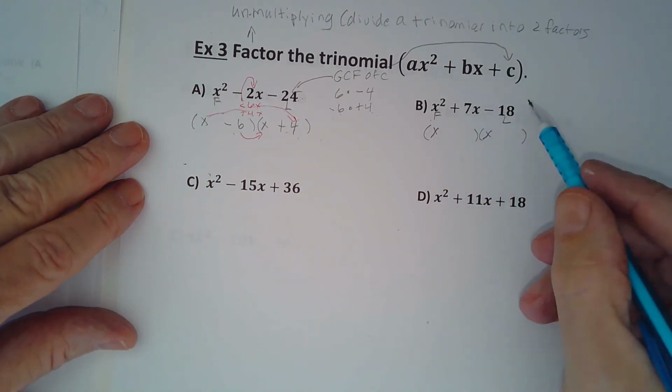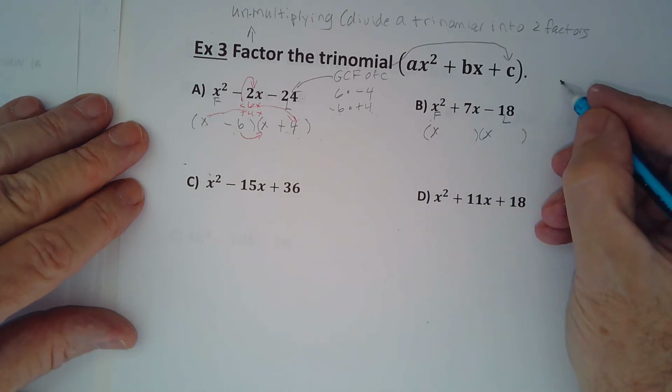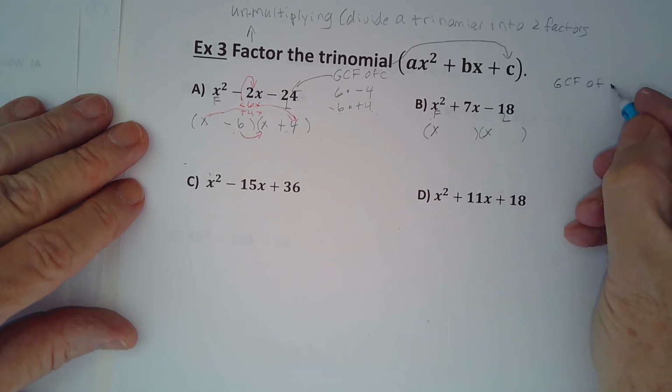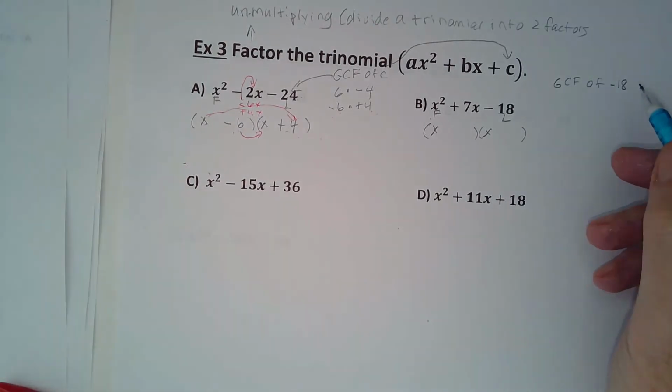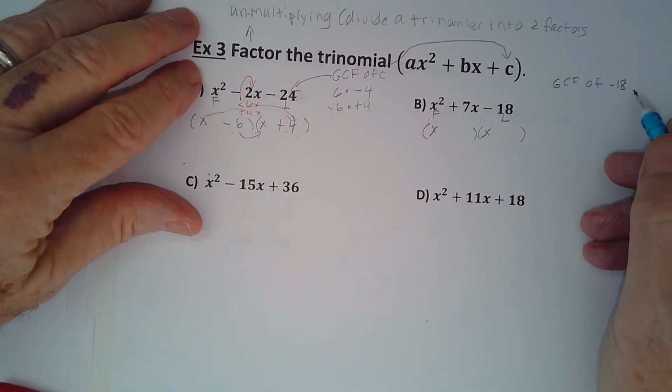And then the last is -18. So we want factors of -18 which, when added together, come up to be +7. So that sounds like it could be positive and negative numbers.